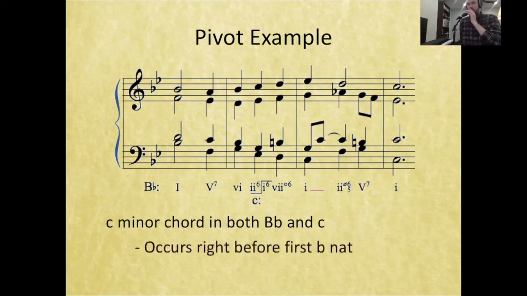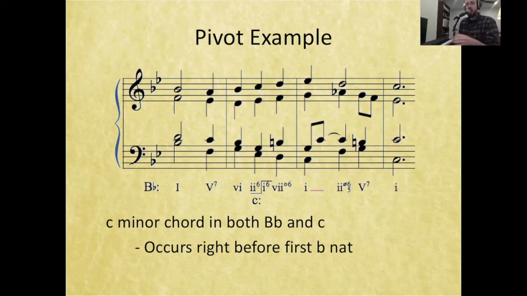And the thing that I really want to point out is that this pivot chord right here happens right before a dominant chord in the new key. And that's critical. It occurs right before a dominant in the new key. Because as soon as we pivot, we want to do something that will clearly tell us, look, we're in a new key now.